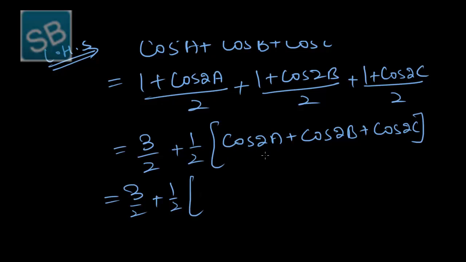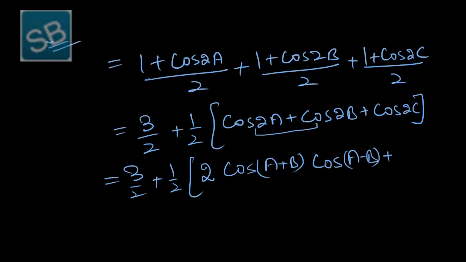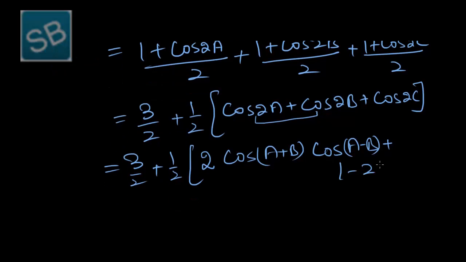We will use the sum or difference formula in the form of product. So it becomes 2 times cos a plus b over 2, that is cos a plus b, same into cos a minus b, plus cos 2c. We have to find the result in sine form, so we will take the formula of cos 2c, that is 1 minus 2 sine square c.